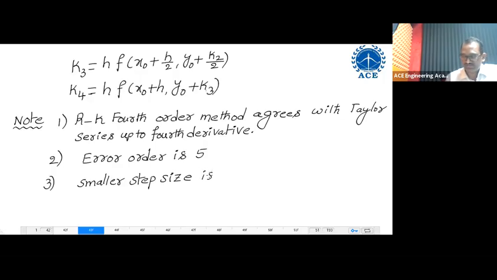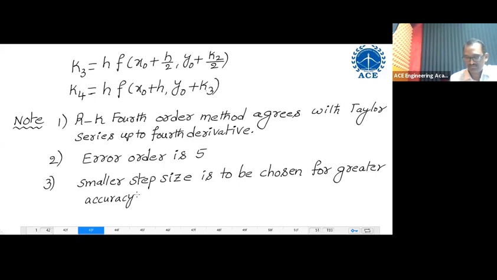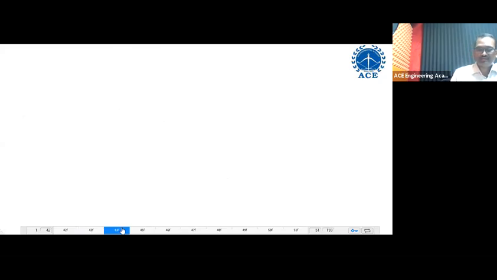A smaller step size is to be chosen for greater accuracy. To get a more accurate answer, you need to take a small step size.